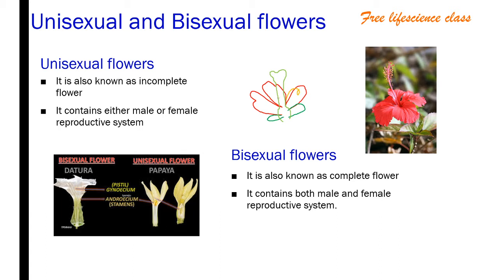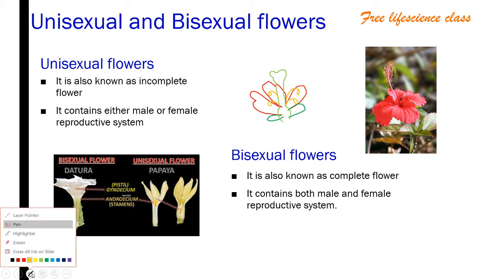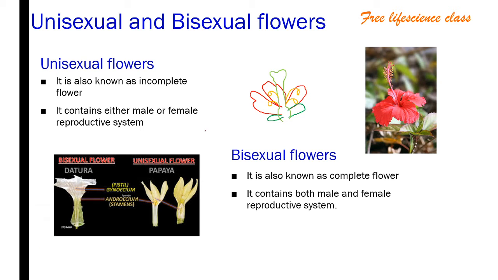Okay, so if all the parts, including the stamen and the female part, that is the style and gynoecium, so carpel and stamens, are present in the same flower, we can call it a complete flower. Okay, we can call it a complete flower.